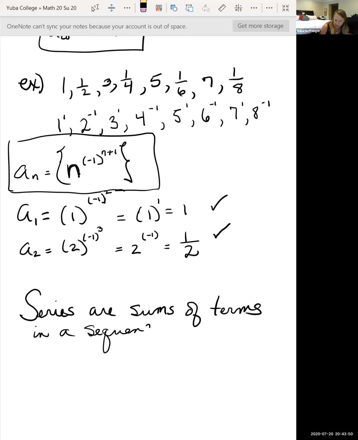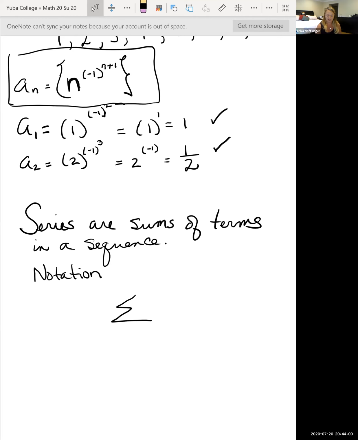So notation, I think this is called sigma. So you have sigma here, and we have k here on the bottom equals, and I'm going to put a little blank here, and I'm going to put a blank on top of this sigma. And then here we're going to have a sub k.